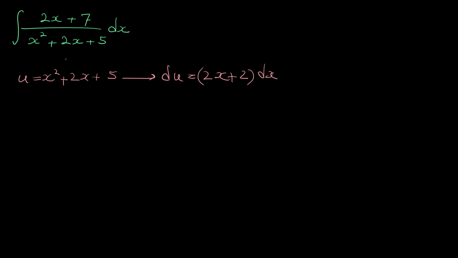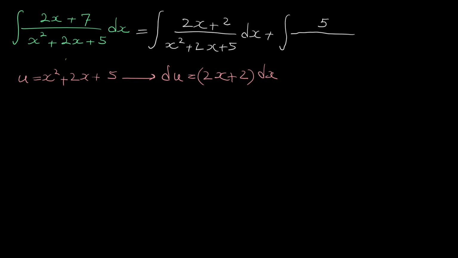So first we write this integral in the form of (2x plus 2) all over (x to the 2 plus 2x plus 5) dx, plus 5 over (x to the 2 plus 2x plus 5) dx. So we split the integral into two other integrals.